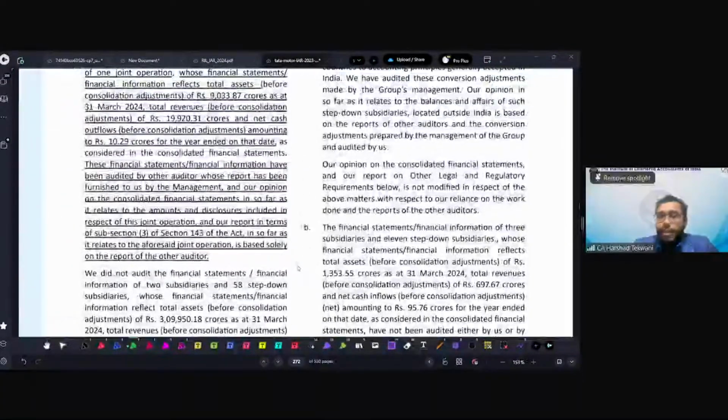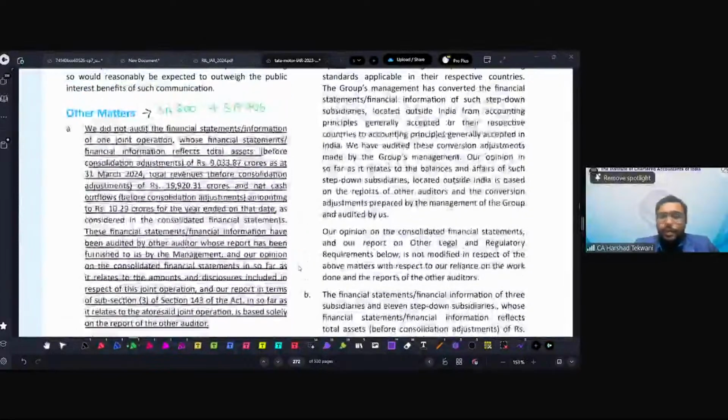Definitely we will come back to this particular part because this is very important. It is something related to the auditor, the auditor's responsibility or the auditor's report. That's why we use the other matter paragraph. And we will understand the difference between the emphasis of matter paragraph and the other matter paragraph when we discuss SA 706.